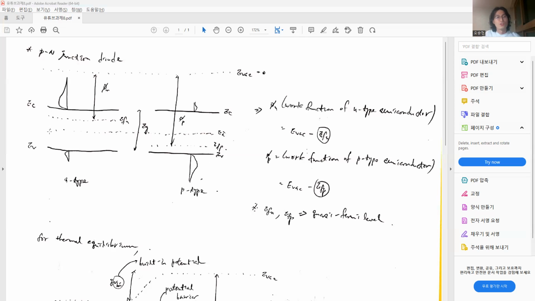And also here, because I didn't say before, here is the same level of intrinsic Fermi level when there is undoped.